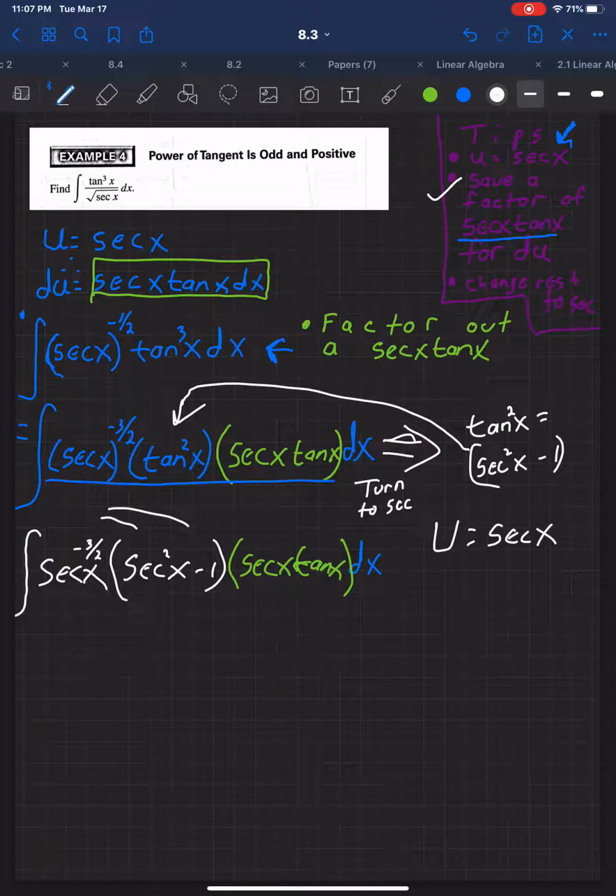Either one, it doesn't matter. However you do it, I'm trying to expedite the process a little bit. I'll go ahead and distribute for you. I'll just assume you took that approach. So secant to the negative 3/2 times secant squared would be secant to the half.